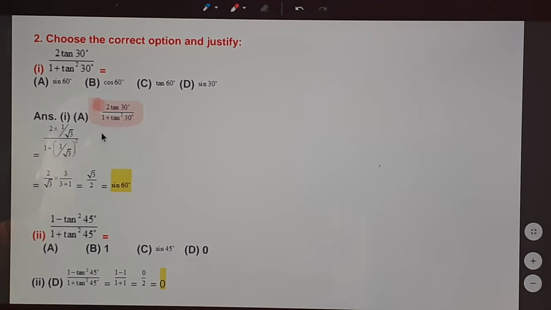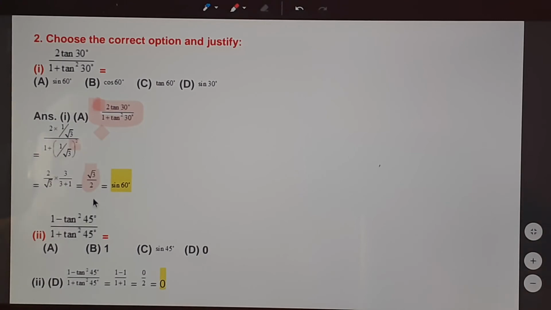2 into 1 by root 3, then 1 plus (1 upon root 3) squared. When you solve this whole part, you will get 2 by root 3 into 3 upon 3 plus 1. You will solve it and get root 3 by 2. Now you are getting root 3 by 2, but root 3 by 2 is not there among the 4 options, so you have to think over it.